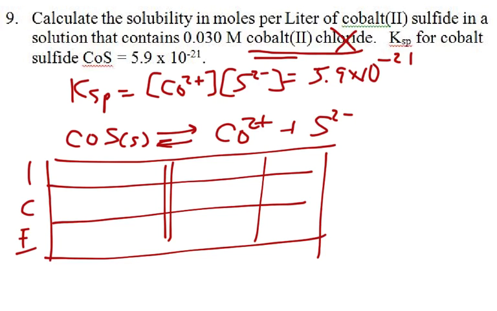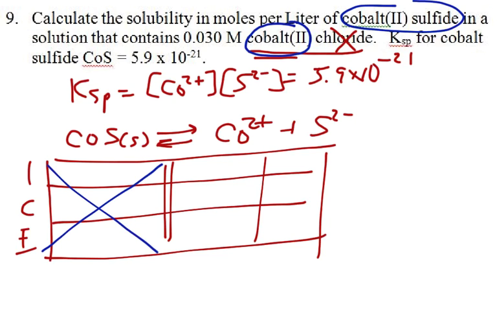And we can see that again, this is a common ion effect because we have cobalt sulfide and we have cobalt chloride. They both have cobalt in common. So my value I will start with here is sulfide is 0, but my cobalt is 0.030 molar.